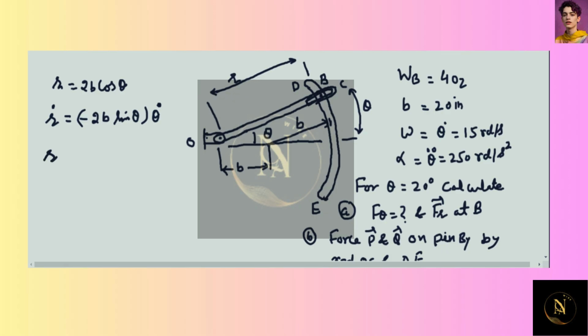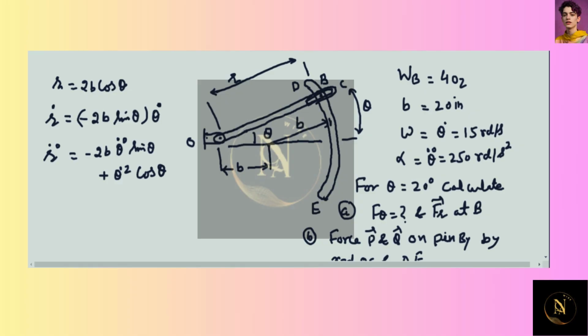If we find the second derivative of it, you will get 2b second derivative of theta into sine of theta plus square of single derivative cos of theta.